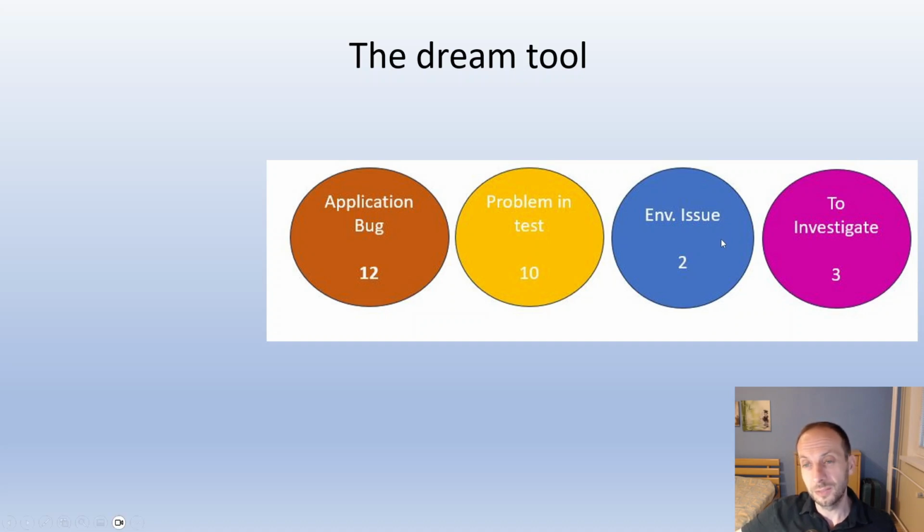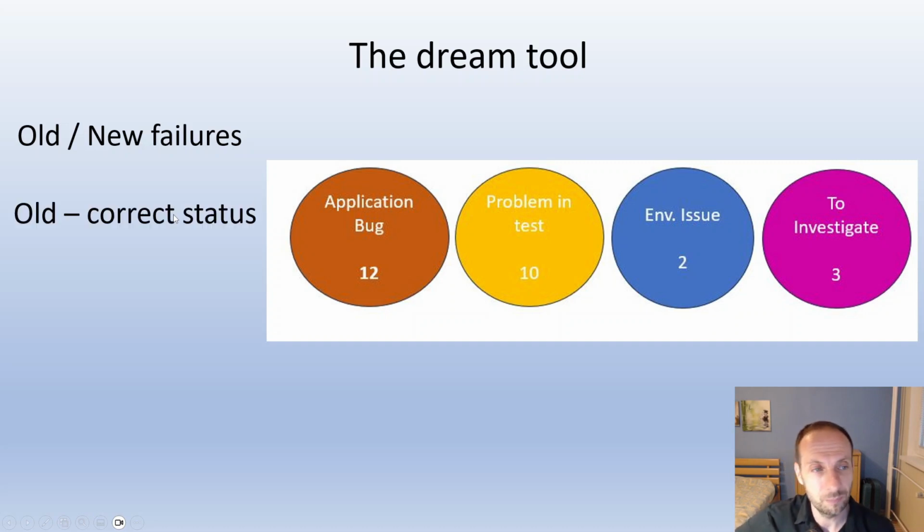Environmental issues, again, know the reason why it's failing. And important information, I have, for example, 3 scenarios which are new failures which I need to investigate, which I had never before.